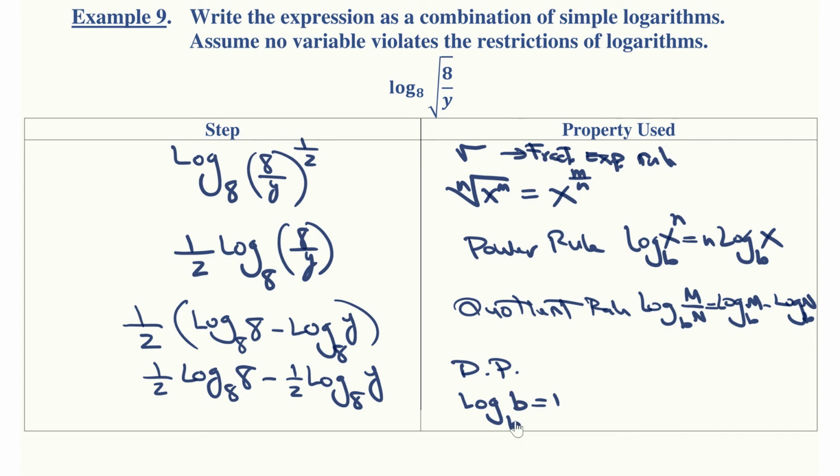Because b to what power gives you b? That would have to be 1. So we can replace log base 8 of 8 with just 1. So we get 1/2 times 1. This becomes 1. So that's just 1/2 minus 1/2 log base 8 of y.